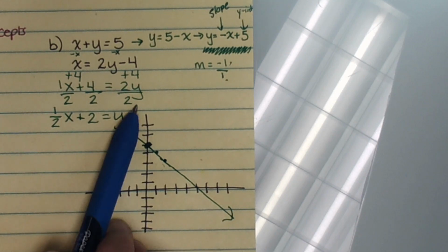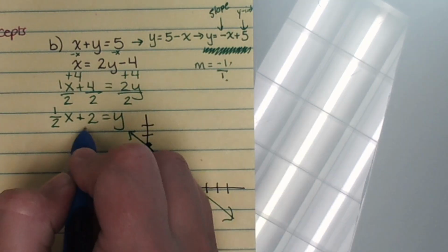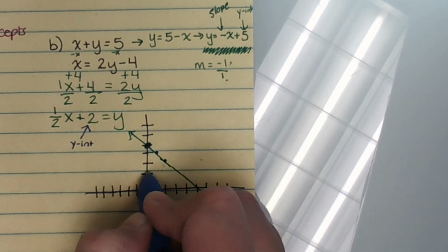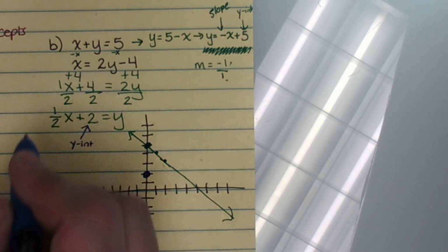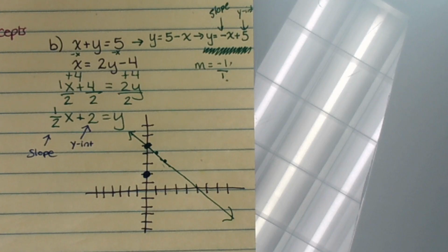What's the y-intercept on this equation? 2. On the y-axis, I go to positive 2. It's right there. My slope is 1/2. It's positive, so I'm going up and right. Up 1, right 2.